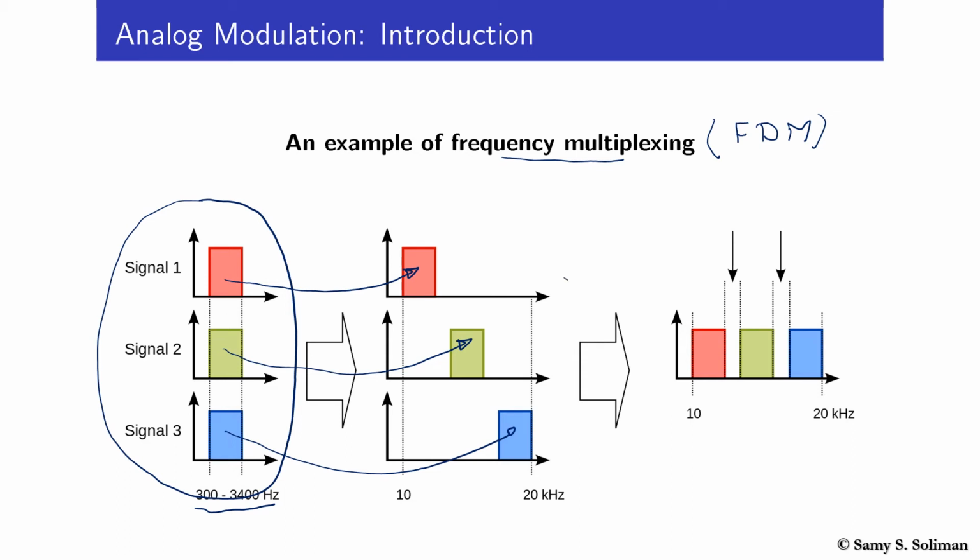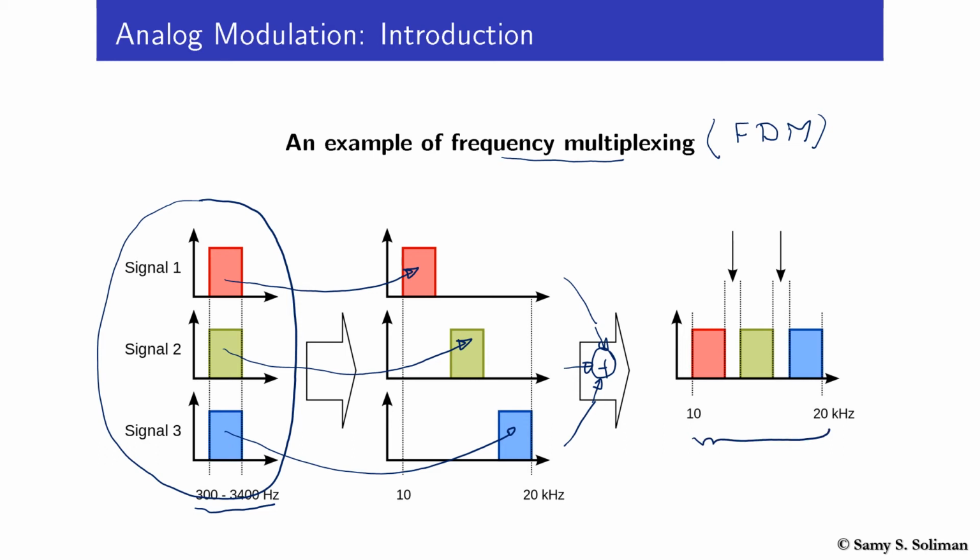Now if we add these 3 signals, since each one of the modulated versions of the signals is located at a different frequency range, they will not overlap.